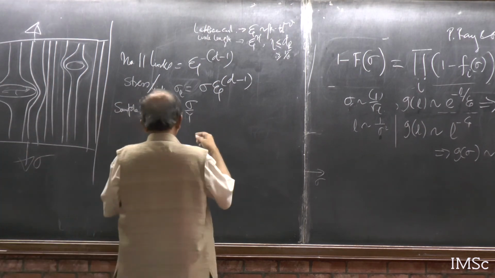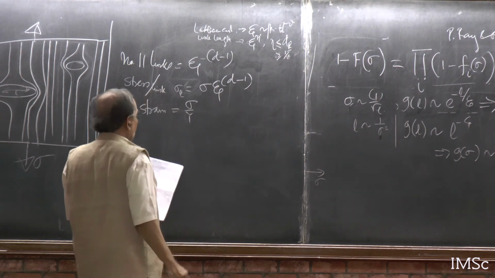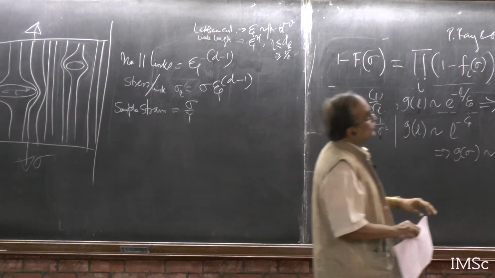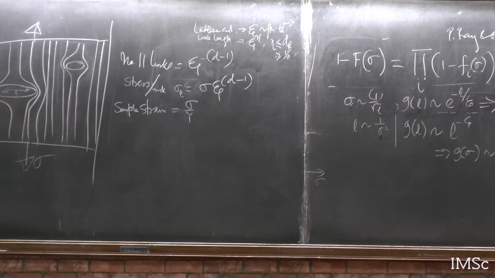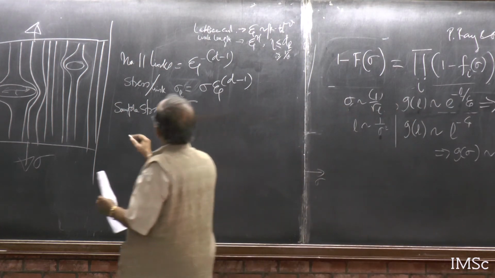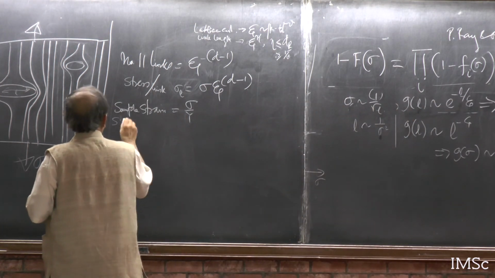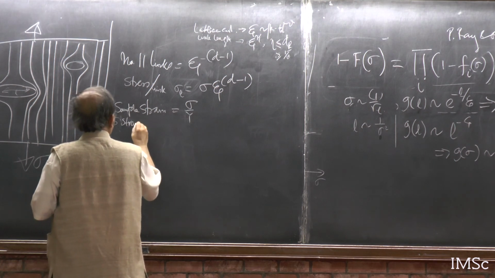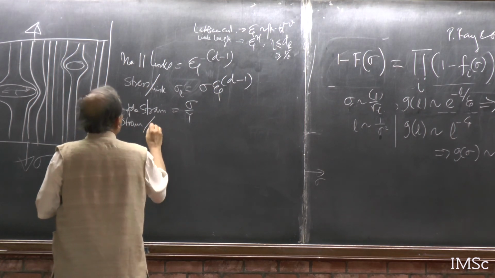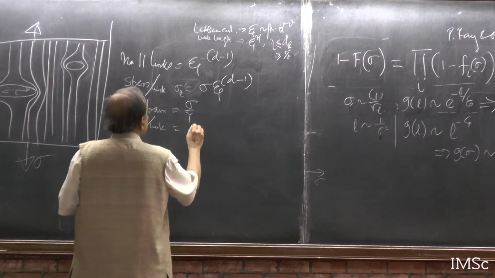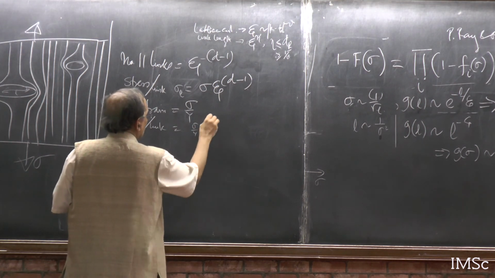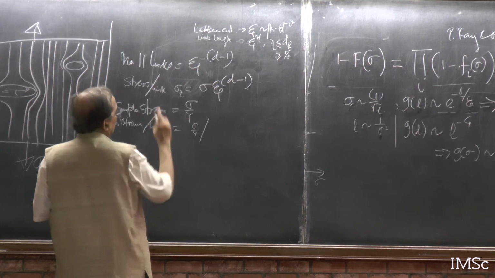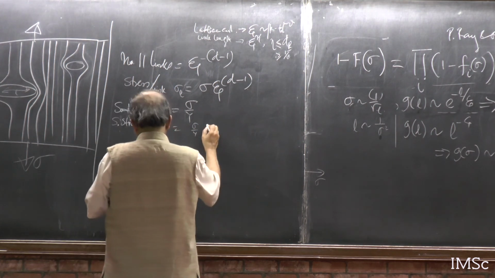That strain would be shared by this link and this link, so you have to find that again. So the sample strain per link is this much divided by the number of links.